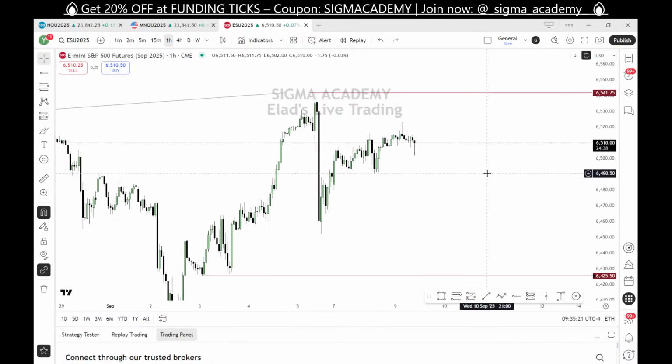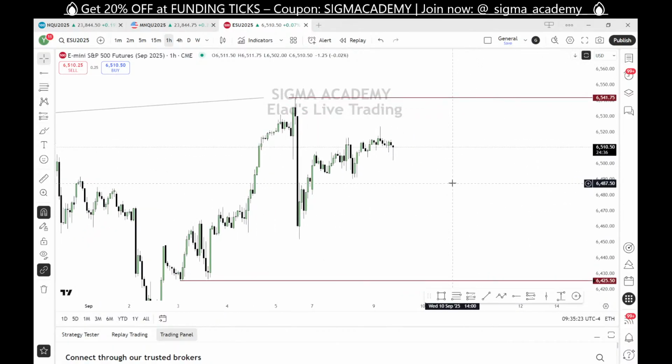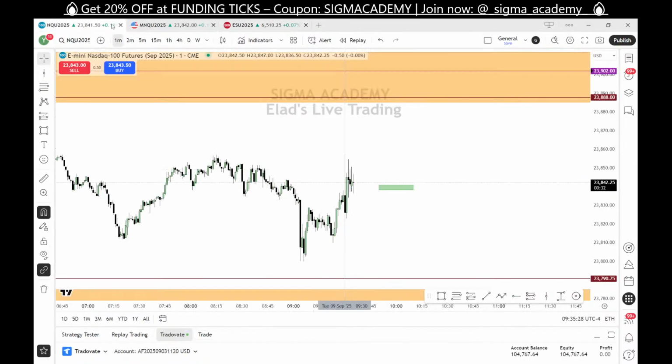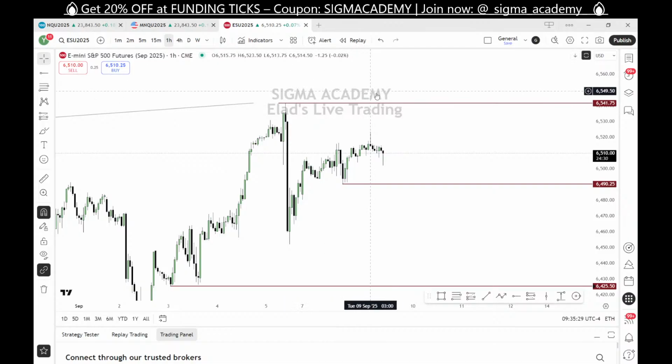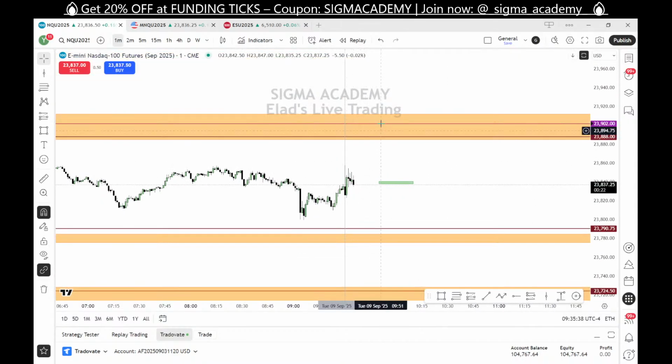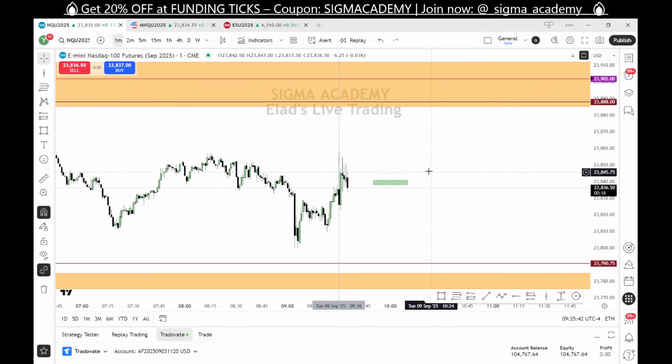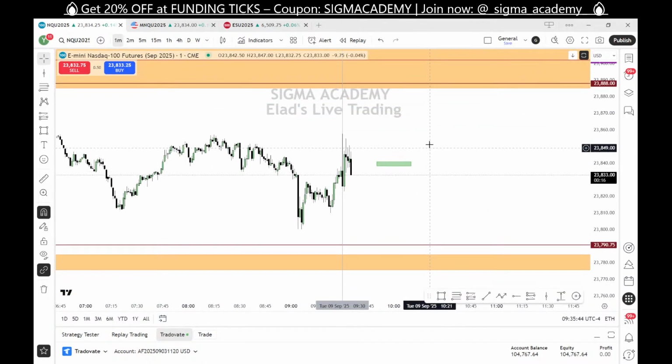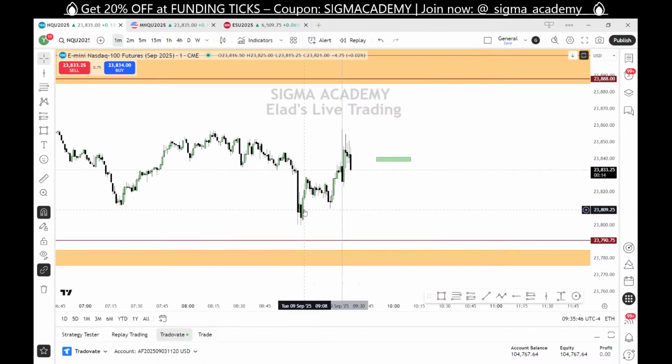So most probably what would happen is we will take any long on the NQ to target this all-time high and to target this liquidity we have below us in the equal highs. For now, we need to wait.